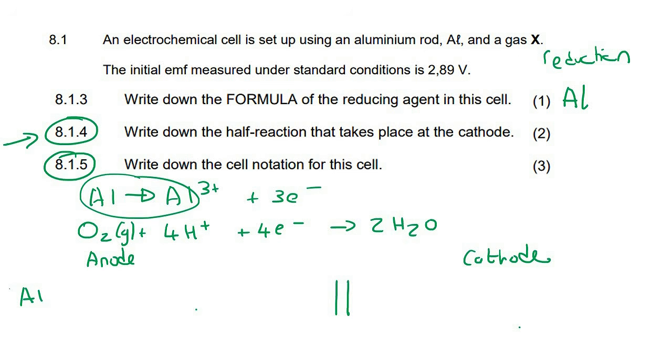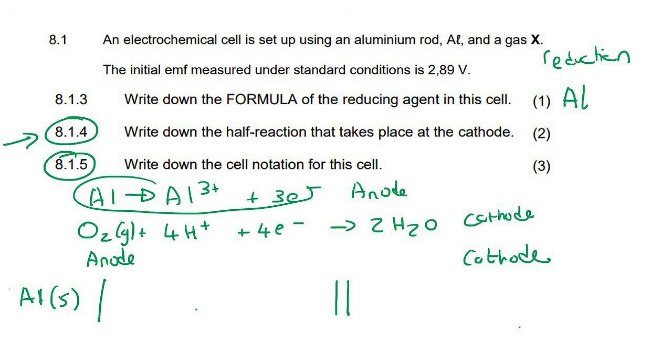Remember we said this is the anode, where oxidation happens, and this is the cathode, where reduction happens. So we start off by saying aluminium in the solid phase, then you put a line. Now you look for any gases. Are there any gases in this one? No, there's not. And then you look for any aqueous species. Aqueous species are the ones that have this charge over here, and so you say Al3 plus in the aqueous phase.